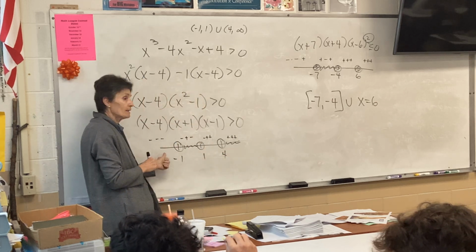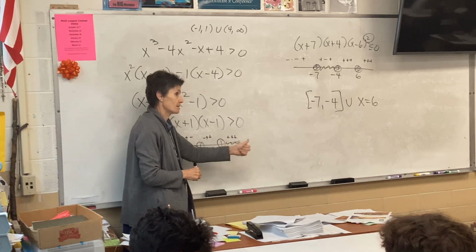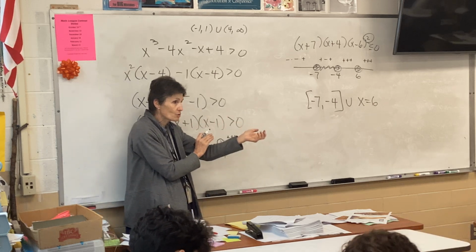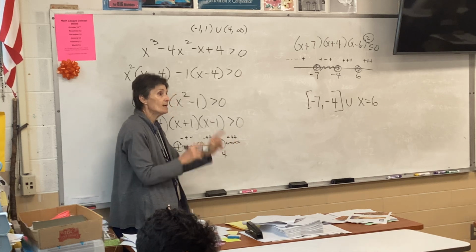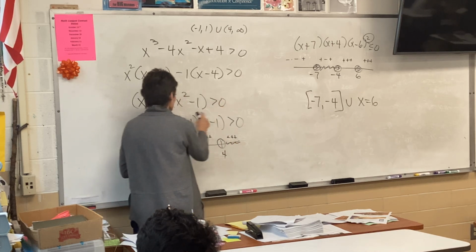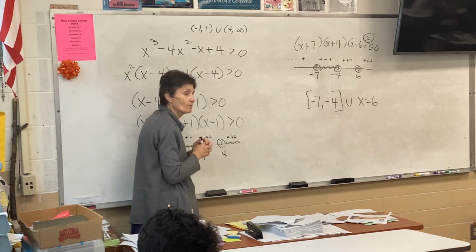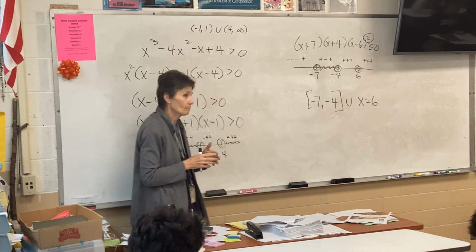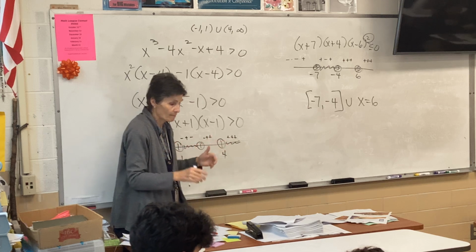So the minute I did this one, I knew I was going to shade, not yes. You can always do that alternating trick. You don't have to plug into the other sections unless you have a squared parentheses. As soon as you have a squared parentheses, you have to check every region. Do you understand that? All right, so that can save you time.